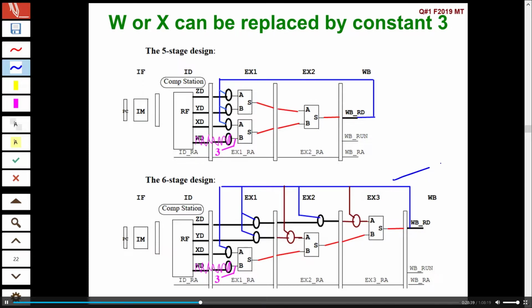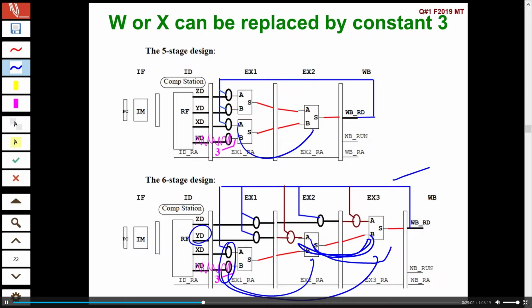But in this design, one of these has greater problems. They need to be stalled if they are dependent on their senior 1 or senior 2, whereas this one is only dependent on senior 1. He has difficulty, very much like senior 1.